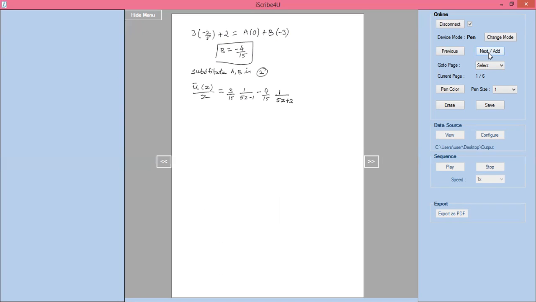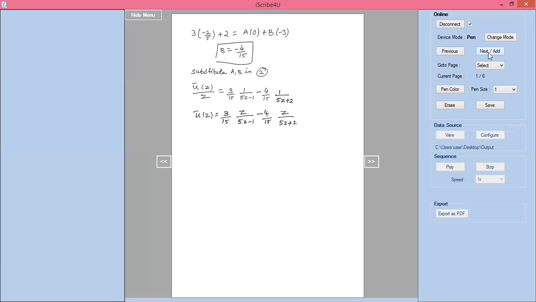Now this z I will cross multiply to that side. So if we cross multiply, u bar of z equals 3 by 15 into z divided by 5z minus 1, minus 4 by 15 into z divided by 5z plus 2.